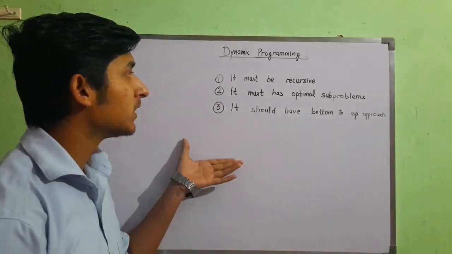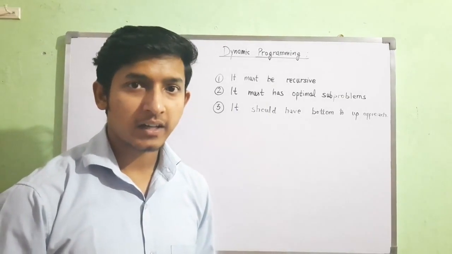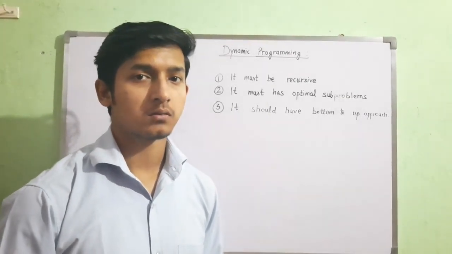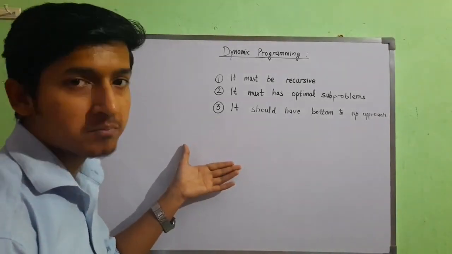Here are three conditions that must be satisfied by a solution to use DP, dynamic programming. Now, the question arises, what are these conditions and how can we understand them?